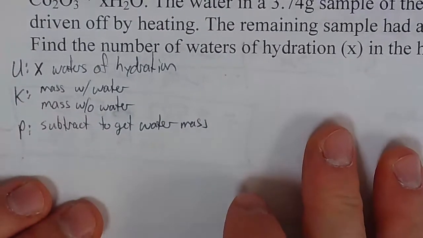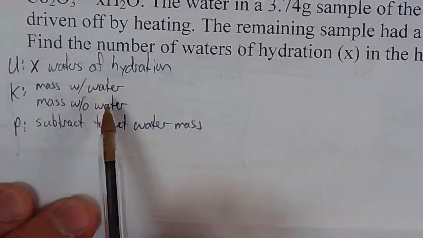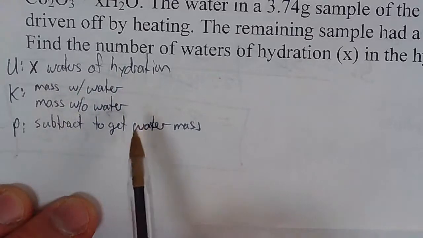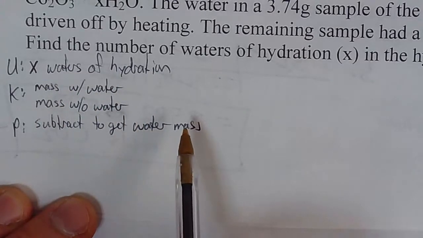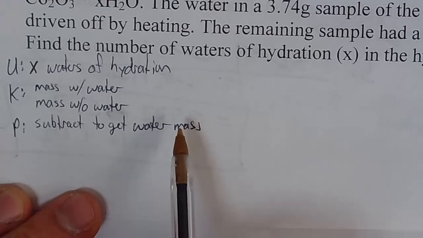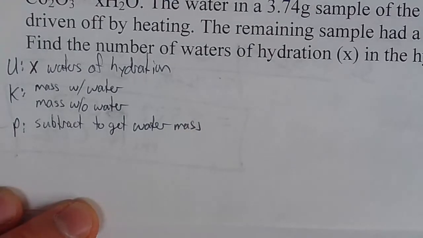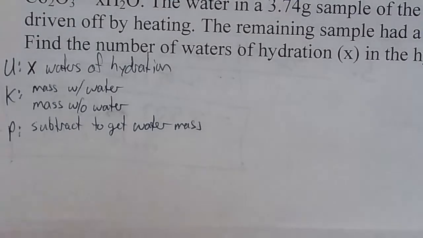Zoom in for y'all. Okay, so one of the things we can do with the information they give us, since we know the mass with water and without, we can subtract to figure out how much water. This is what we're going to do in the alum lab. We're going to cook the water out of the alum to see how many waters of hydration there are.